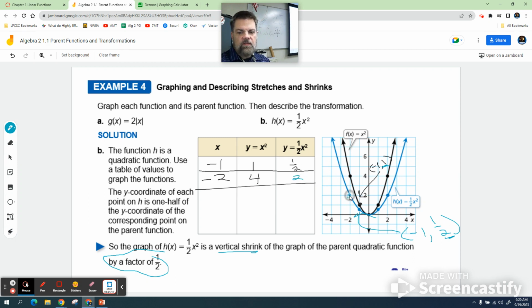So over here, this is -2, 2, and when the other function is evaluated at -2, that one's going to be -2, 4. So whatever this y value is, because of this 1/2, what's 1/2 of 4? 2. And so that's why we have that vertical shrinking, by a factor of 1/2.